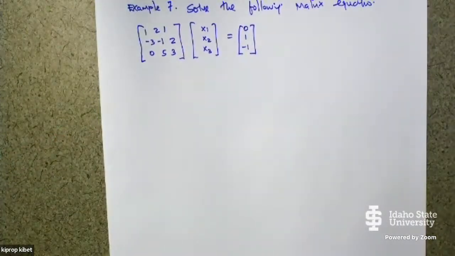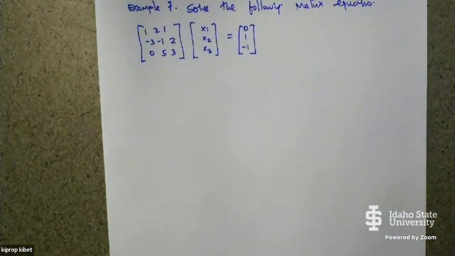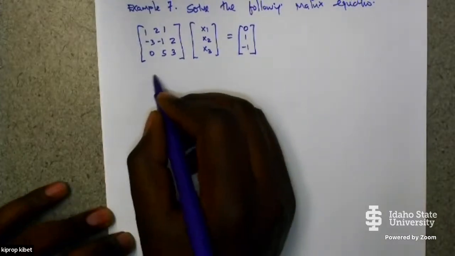That means we want to get the values of x1, x2, and x3. So how can we solve this?